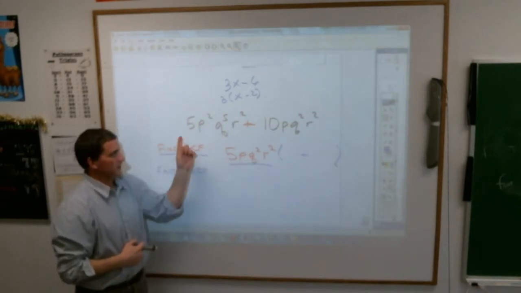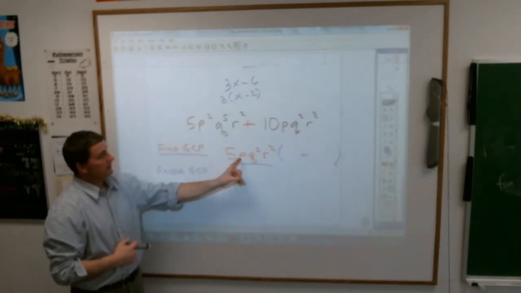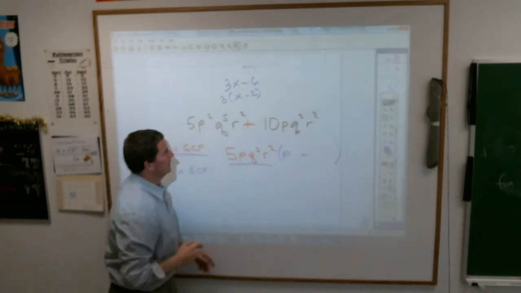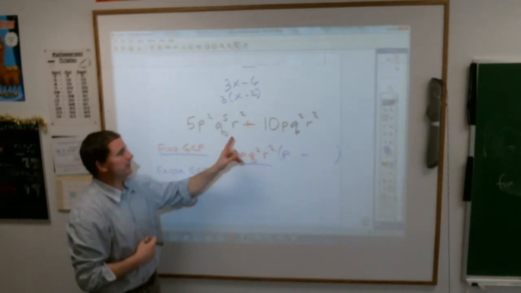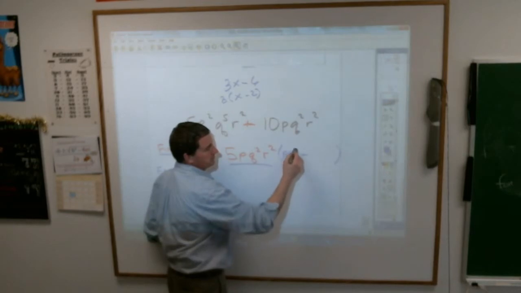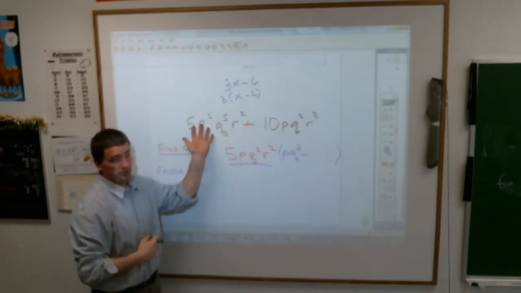What times this gives you this? Well, I have the 5. I have a p, but I need a p squared, so I'm missing a p. I have a q squared, but I need a q to the 5th, so it's q to the 3rd. I already have the r squared, so that's all I'm missing out of the first term.